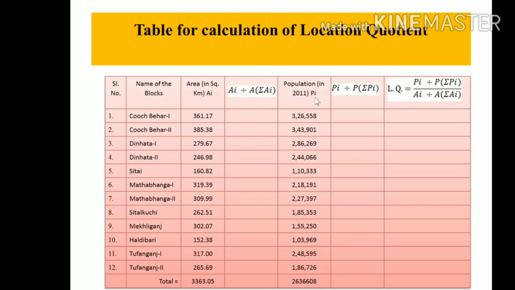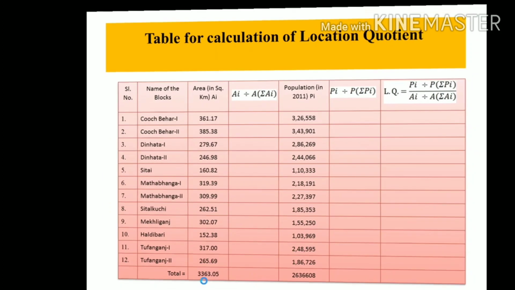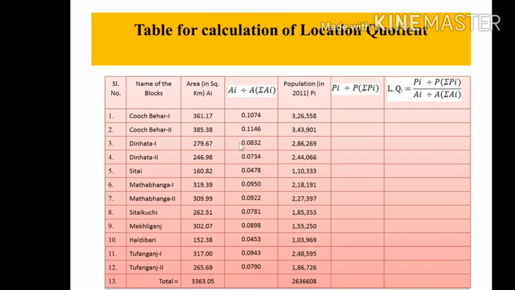For example, in case of Cooch Behar 1 block, the area is 361.17 square kilometer and the total area of the district is 3363.05 square kilometer, and it gives the result of 0.1074. In this way you have to calculate for all the blocks.